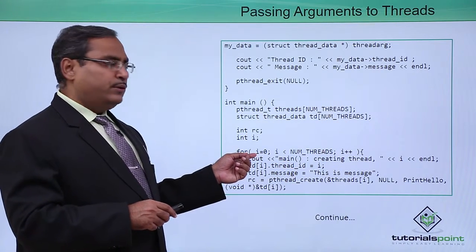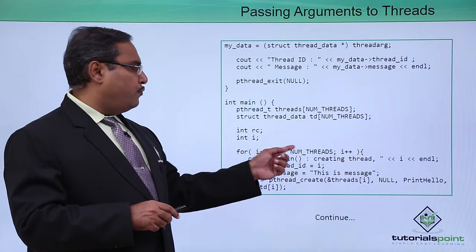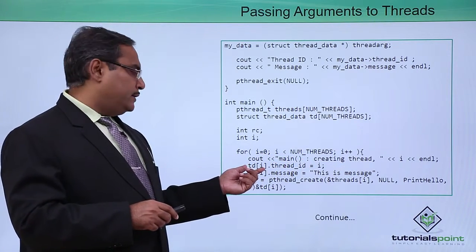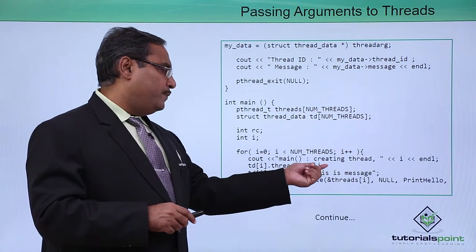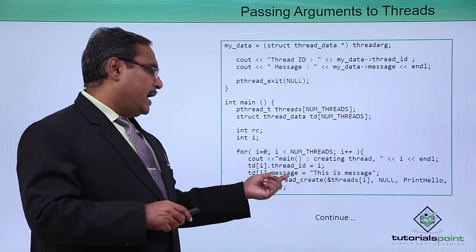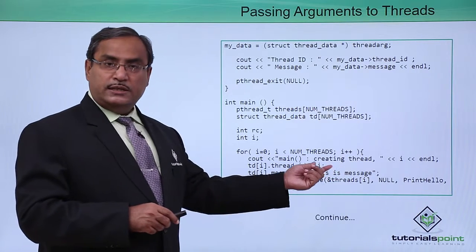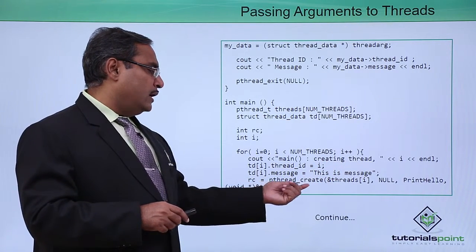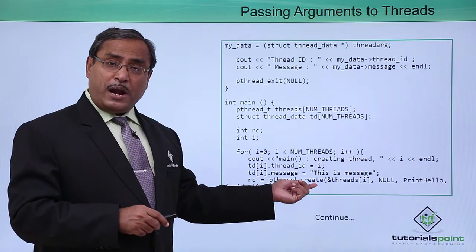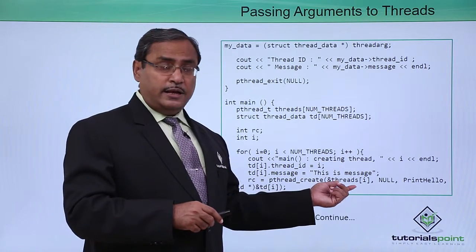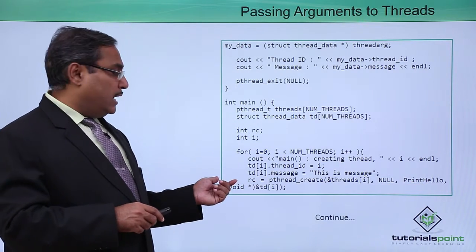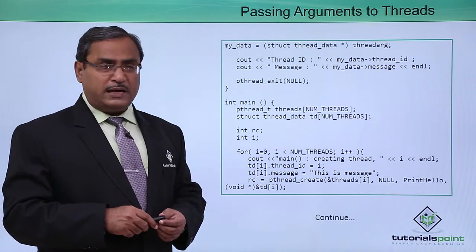So now we are executing this loop with i from 0 to 4, and now we are printing this one, then td[i].thread_id, we are setting this one as i, and for the message, this particular text is put. Now we are calling pthread_create, passing 4 parameters: the thread ID, the attribute, the function to be executed, and the last one is the argument, whatever we are supposed to pass.